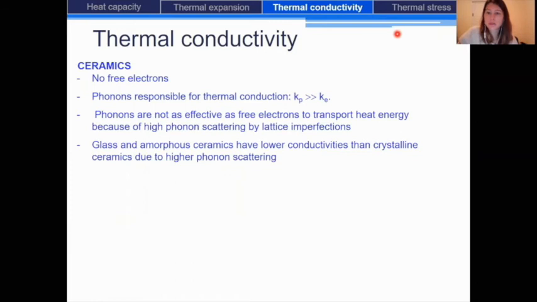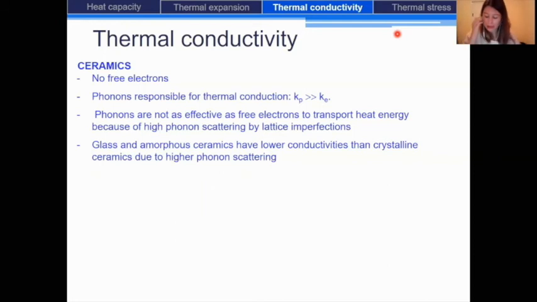We have the key P, which is higher than key E. The problem is that phonons are not as effective as free electrons to transport heat energy, because in the same way that we presented that the electron can be scattered by alloying elements when we were talking about metals and alloys, here we have a phenomenon of phonons that are scattered by lattice imperfections.